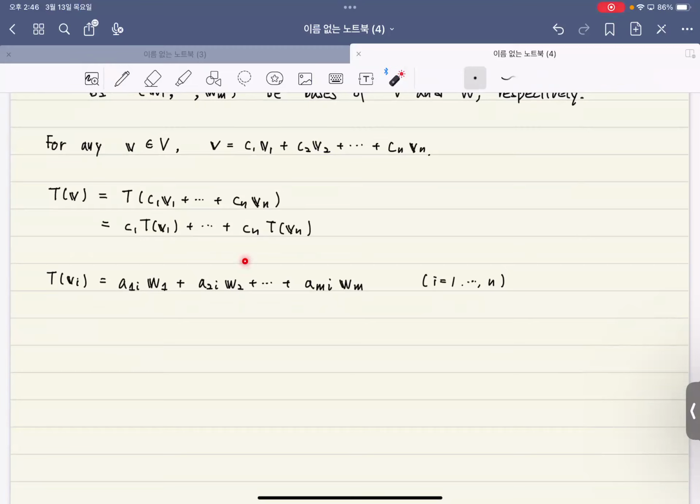Even though I have written down just one single equation, I have n many such equations.